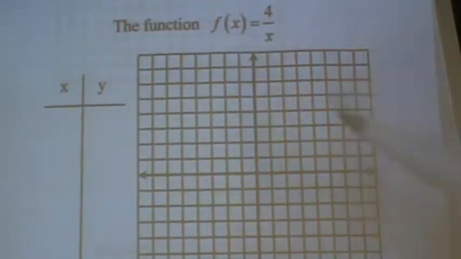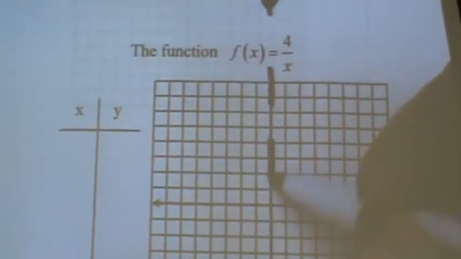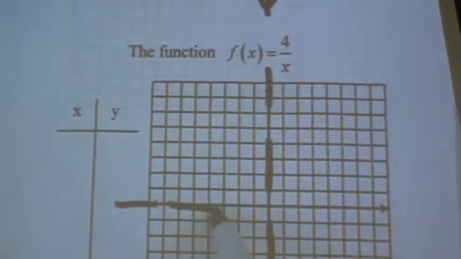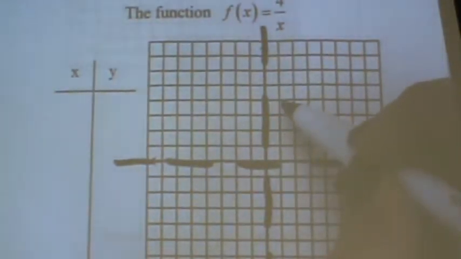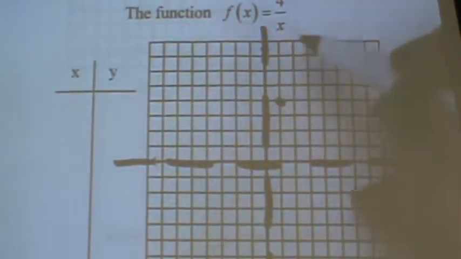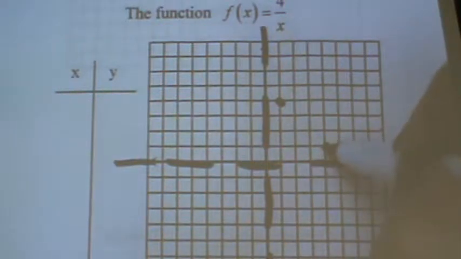Number 4, how do you do this one? 4 over x. So what's happening is your graph, the bigger the number, it's getting stretched.